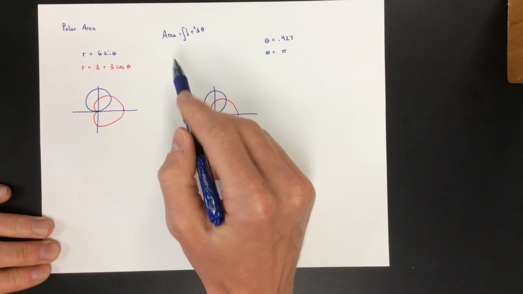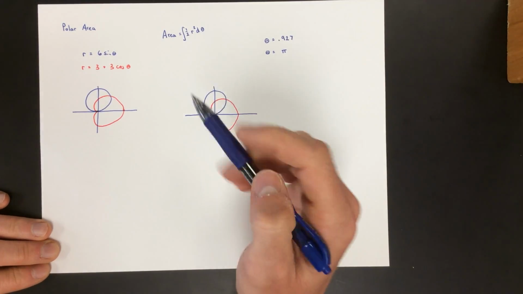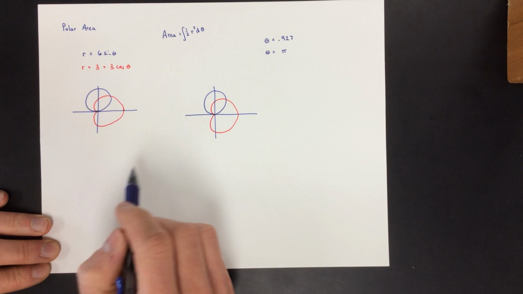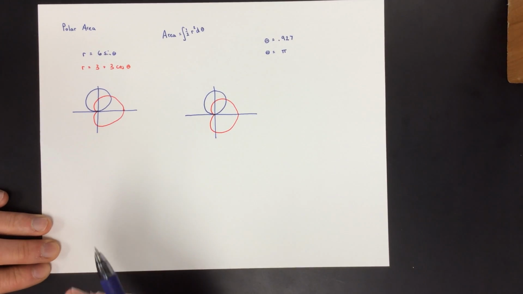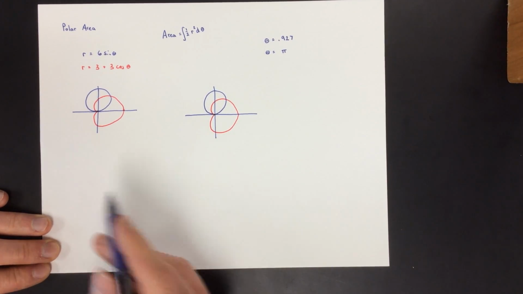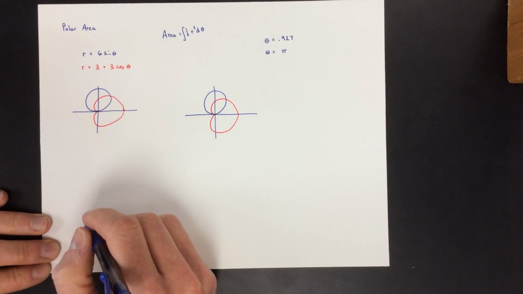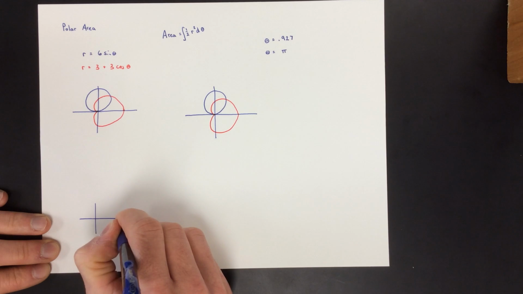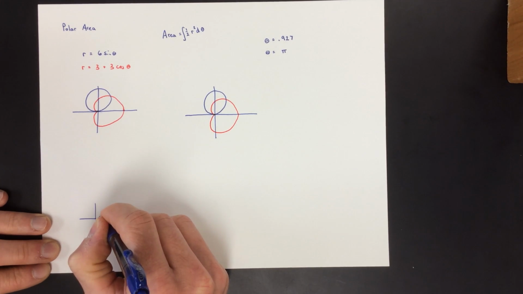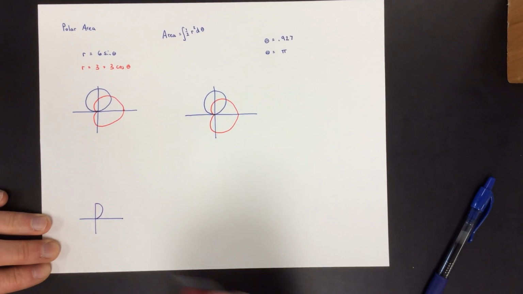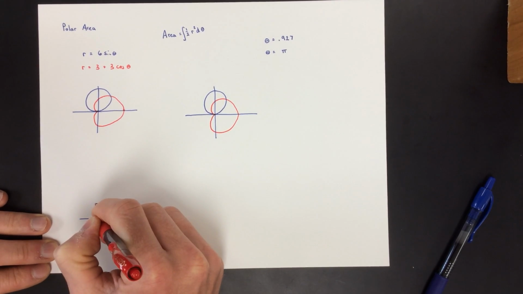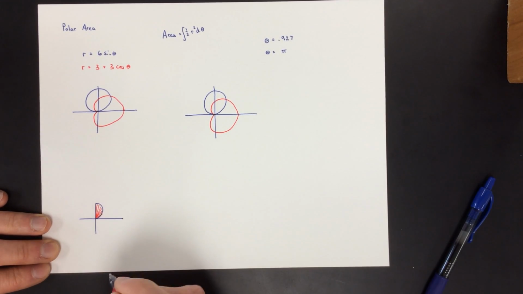We know that polar area is 1/2 r squared d theta. And again, that comes from the fact that no matter if our r value is changing, we just want to keep adding up sectors. So if we just wanted, let's say, half of this circle, what we're doing is we're taking all of these sectors and adding up an infinite number of them.